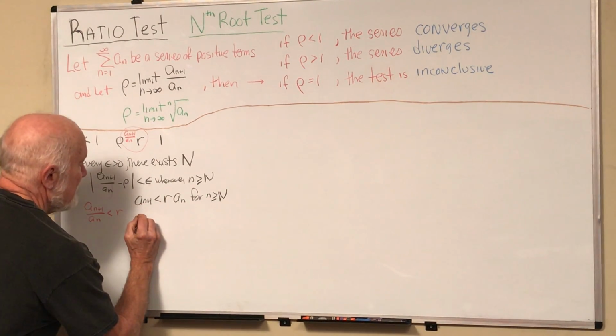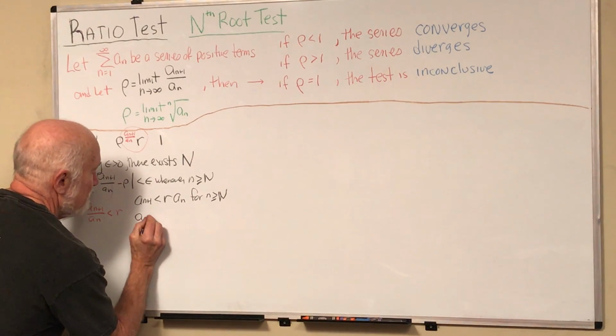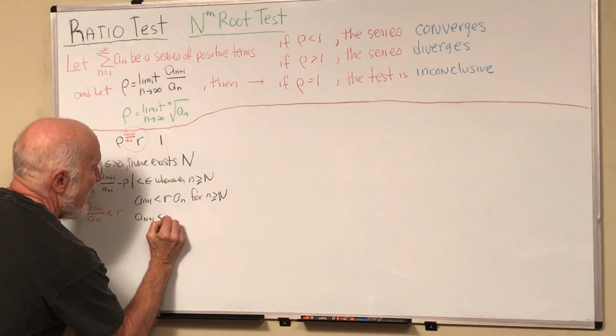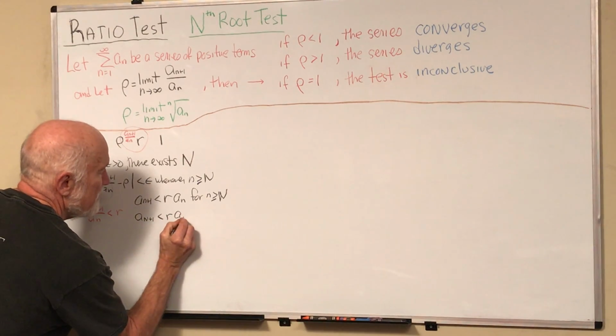And what do we get? We get a sub N plus 1 is less than r times a sub big N.